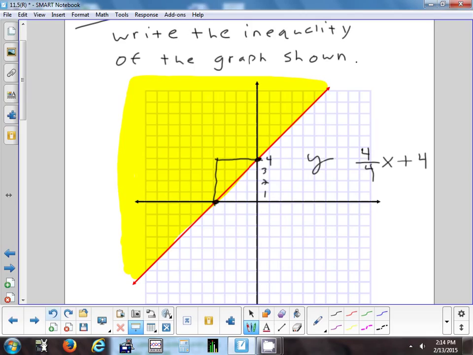Down and over, right? Well, I would look at it as I'm going up and over. If you go down and over, then that's going to lead you to the right. I see what you're saying. Since we're going up and over for each point, watch what happens, guys. If I go up 4, like the slope is telling me, 1, 2, 3, 4, then I go over 4, 1, 2, 3, 4.